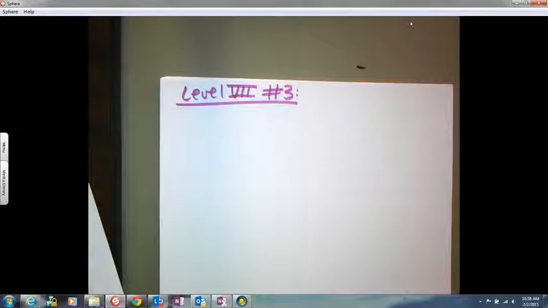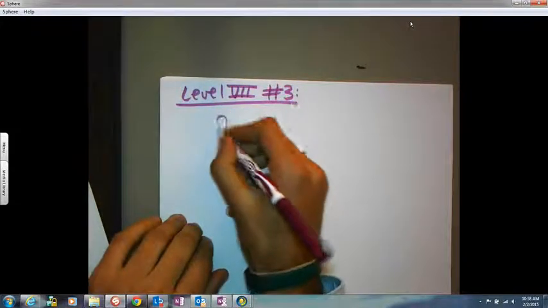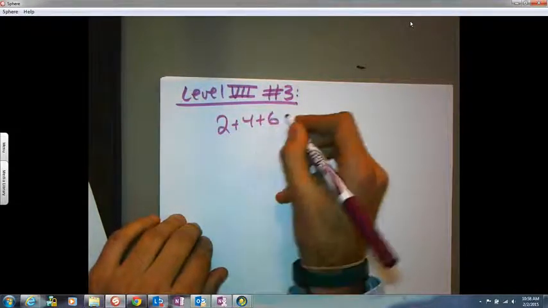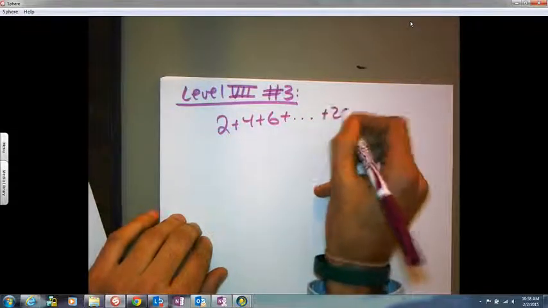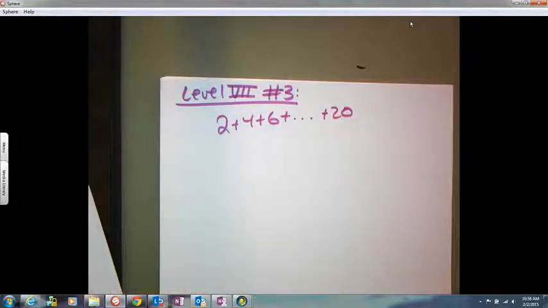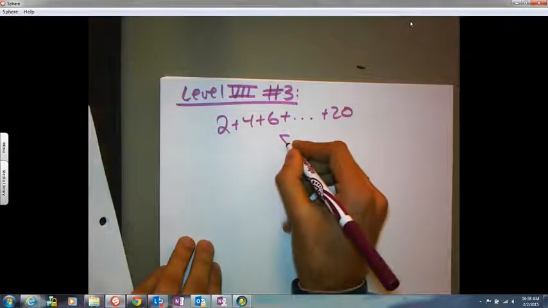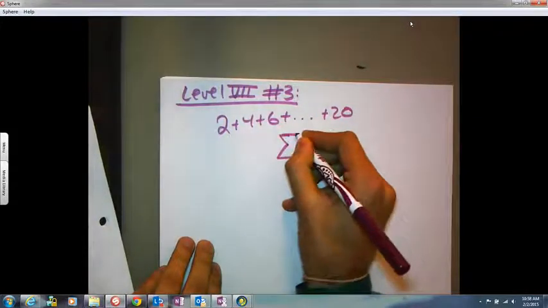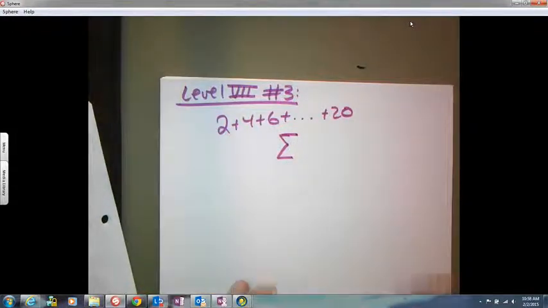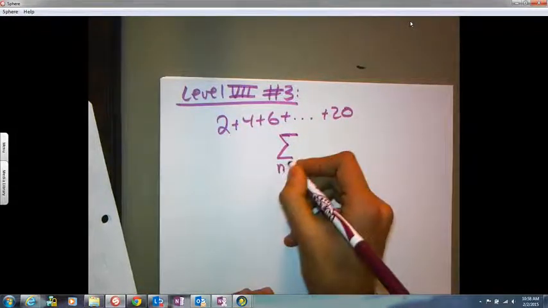So this says we have this right here, and they want us to rewrite this in sigma notation. And again, for those who weren't here on Friday, this is all online already.